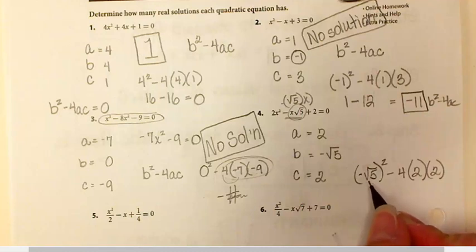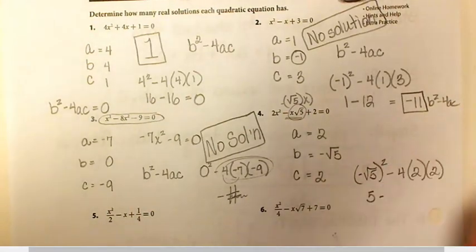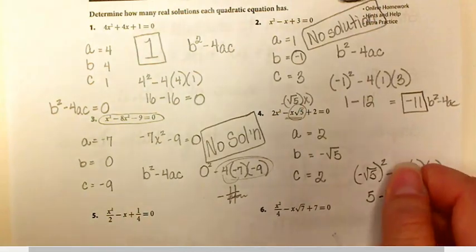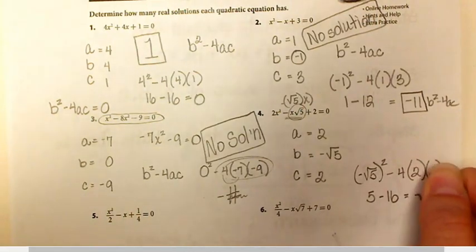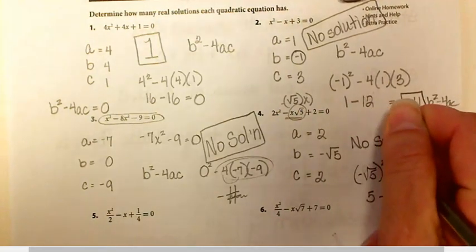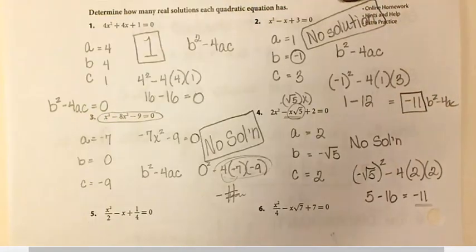So the negative square root of 5 times the negative square root of 5 is just 5. 5 minus 4 times 2 times 2 is 16. I get negative 11. So there's no solutions here either. Because again, b squared minus 4ac gives me a negative, and I can't square root a negative.